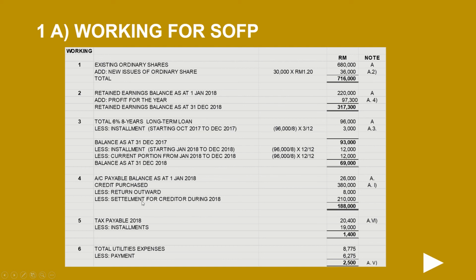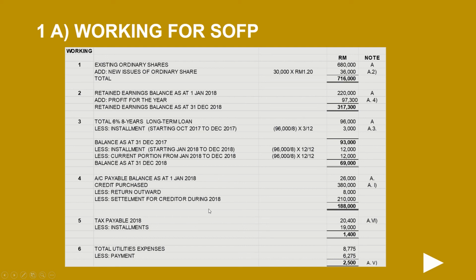And for number 4, working for account payable, as at 1st January 2018, the balance was 26,000, refer to note A. And then the credit purchase amounted to 380,000, refer to note 1. Less return outward, also given in note 1, 8,000 ringgit.